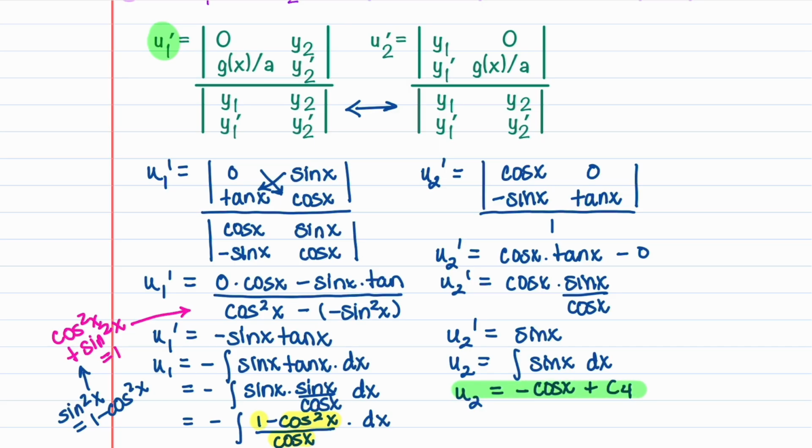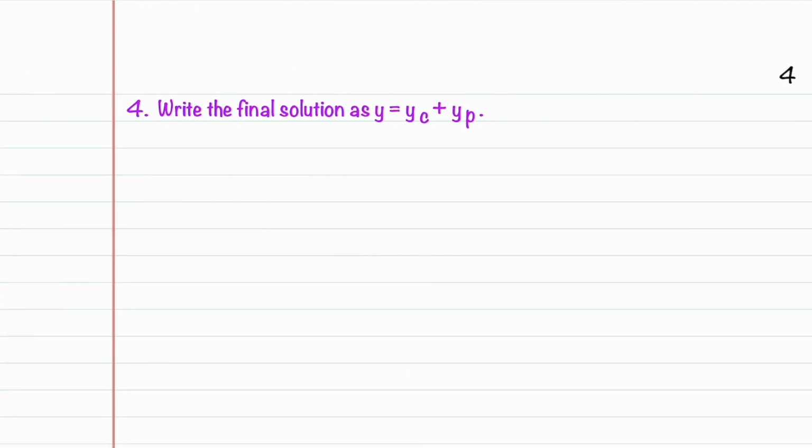Now we have one more step, and we just have to put everything together. In step 4, we are going to write our final solution as our complementary or homogeneous solution plus our particular solution. y is going to be y_c plus y_p. Let's write down what y_c was.